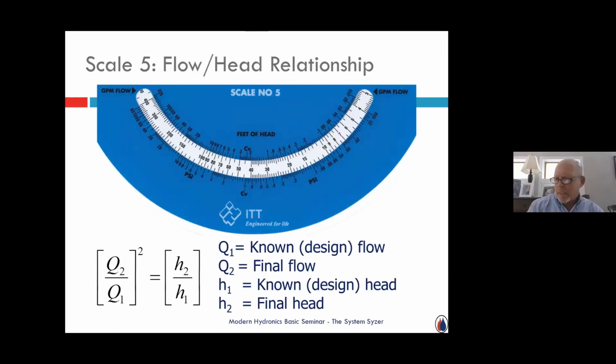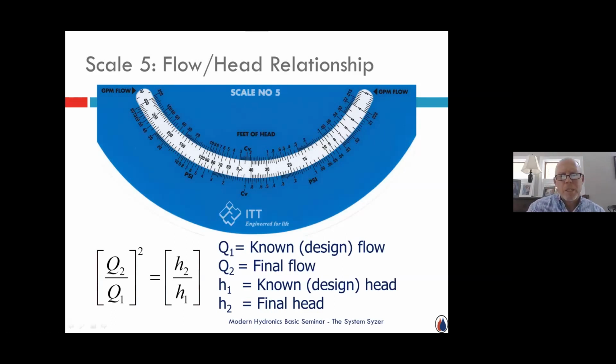So let me spend just a second here on this. If we were looking at this wheel, and we had done a calculation, and we had figured out that at 50 gallons a minute, I was going to have 3 feet of head loss for this given circuit, whatever it is, feeding something, maybe a fire tube boiler that has very, very low pressure drop.